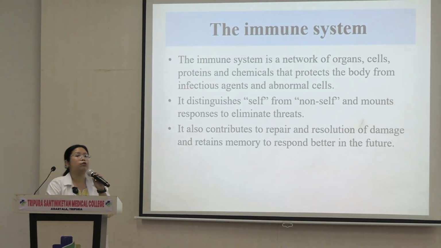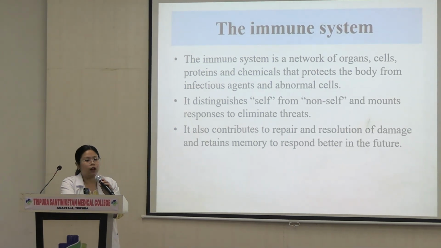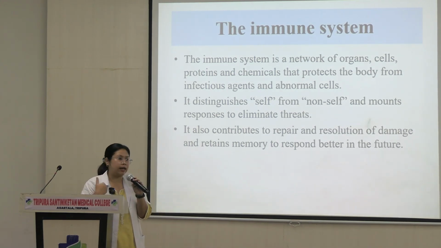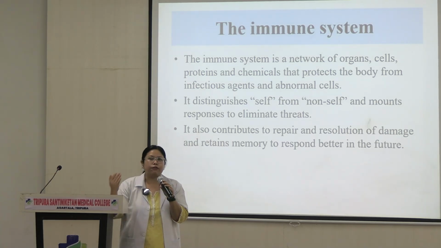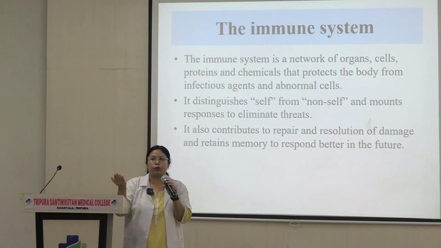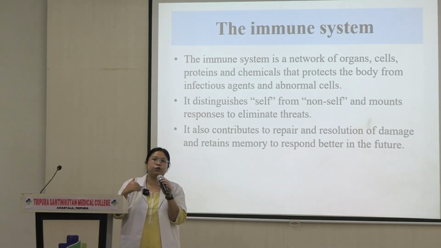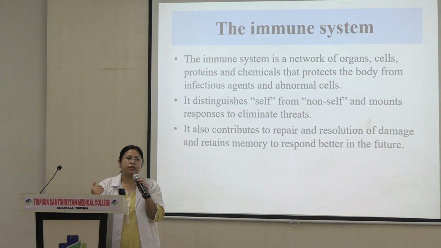Now this immune system is also able to distinguish between self and non-self. What does it mean? See, I have, for example, an RBC, a red blood cell. You have your own RBC. But if one of you were to donate your RBC to me, although they are both RBCs, my body is going to reject that RBC, because the immune system is able to realize it is not its own RBC.